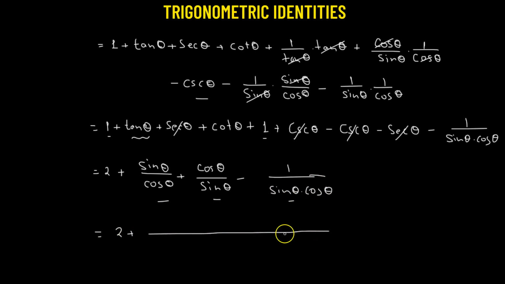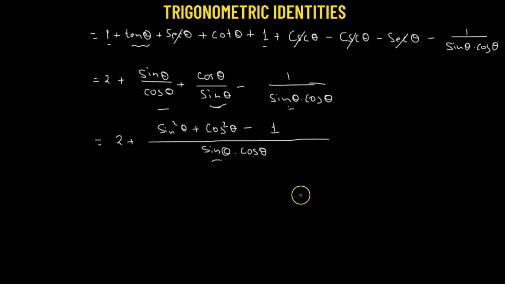So their common denominator is going to be sin θ times cos θ. Now in the numerator, the first term will be sin squared θ. The second term will be, since we already have sin θ, cos θ gets multiplied by cos θ to give us cos squared θ, minus, we have sin θ cos θ already present, so the third term will be negative 1.